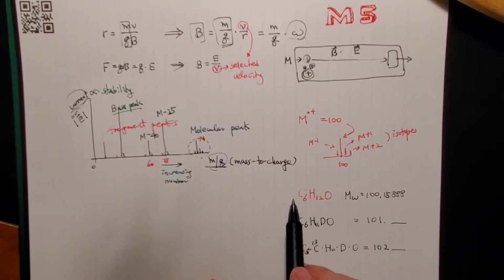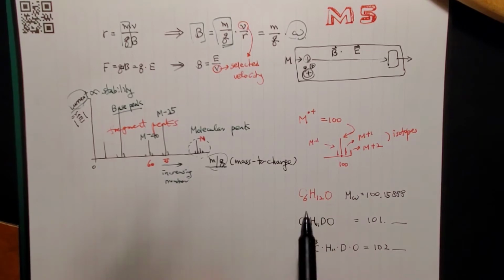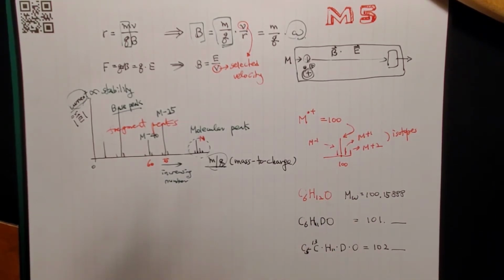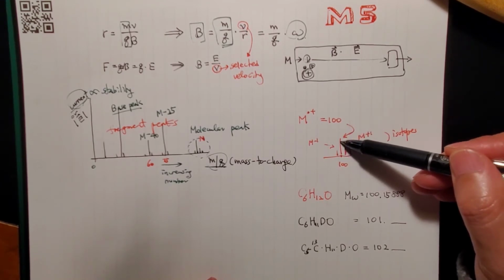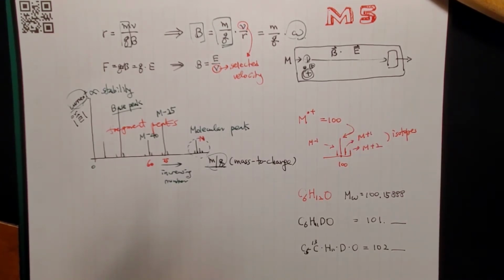So when most of the atoms are the most abundant atom of each type, just like carbon-12, hydrogen-1, oxygen-16, then you get the most abundant, tallest peak. Okay, say that was 100. Then you have M+1, M+2.